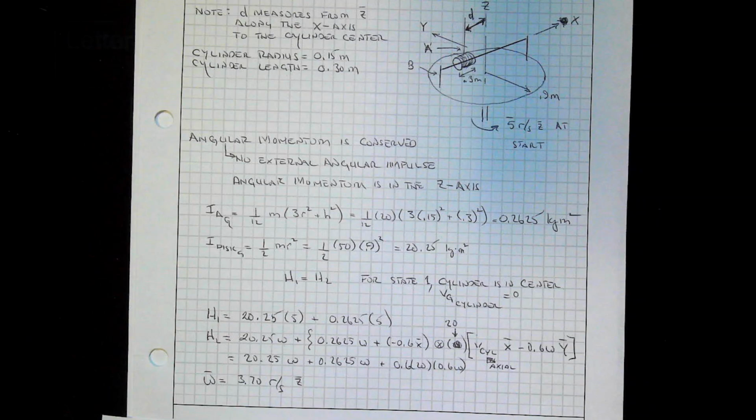So here is h1 equals h2. Our only unknowns are omegas. So we simply crunch that out, and we get 3.7 radians per second in z. So it's actually slowed down a little bit. Back in a few.